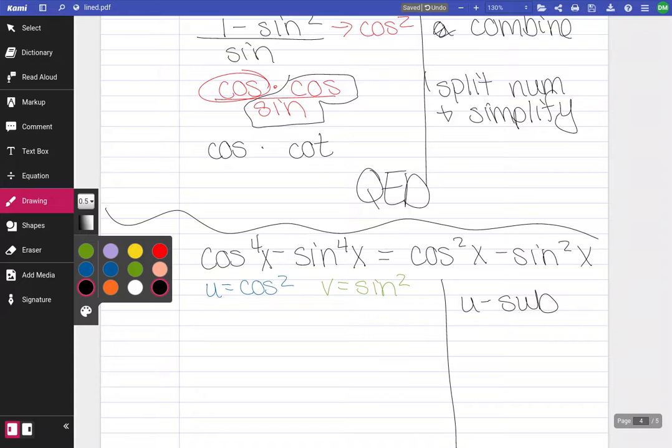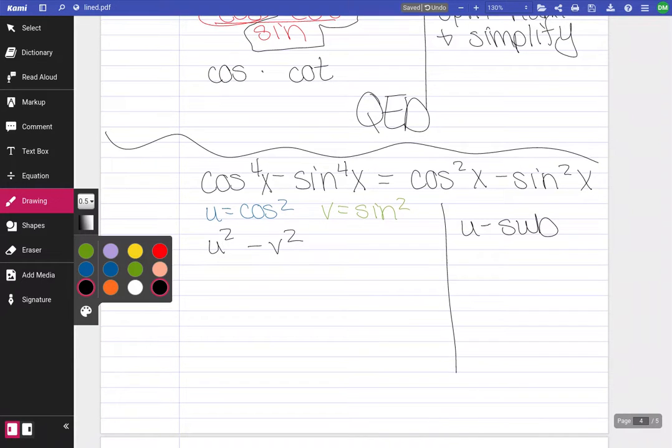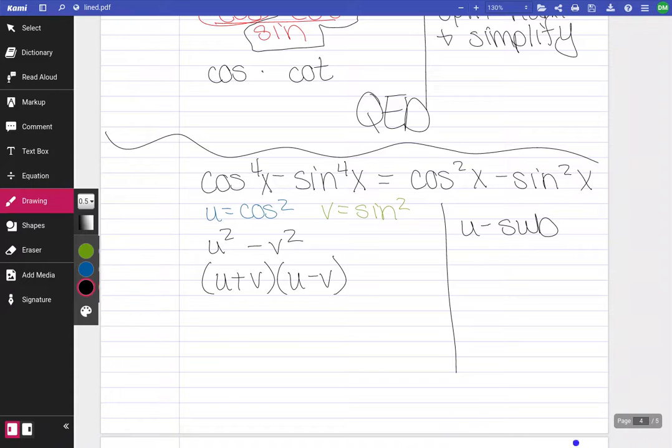Now, I did this for a reason. This will end up becoming u squared minus v squared. Remember, if it's of this form, you can write it as u plus v times u minus v. So I've got cosine squared plus sine squared in the parentheses on the left, and then in the parentheses on the right, I've got cosine squared minus sine squared.